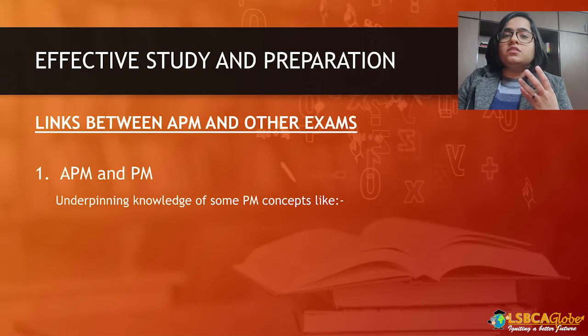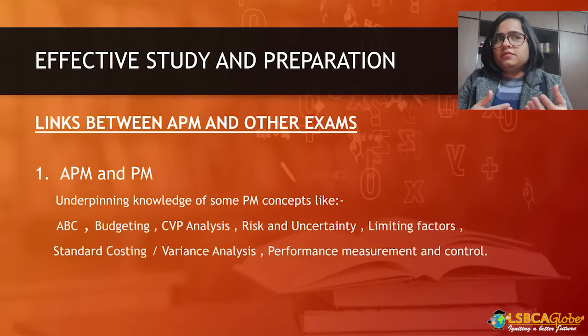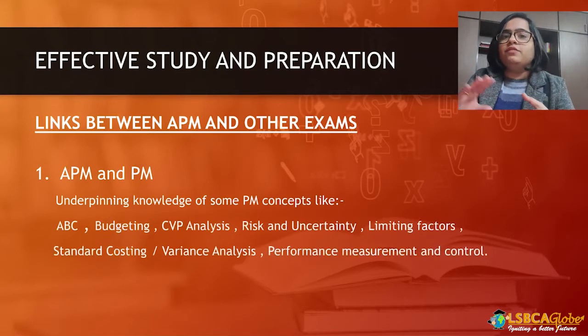These concepts include ABC or activity-based costing, then budgeting, different types of budgets like flexible budgets versus fixed budgets, incremental budgeting, zero-based budgeting, or activity-based budgeting. These concepts are a must to know.